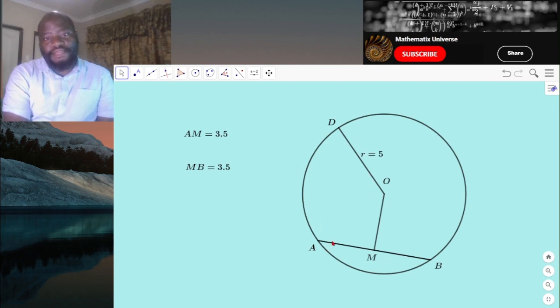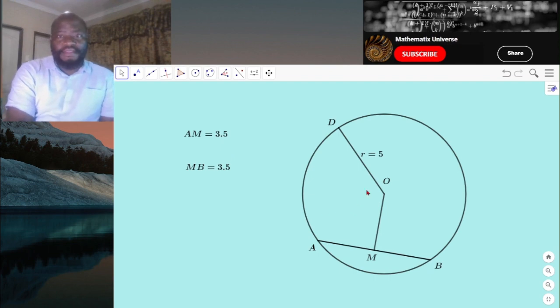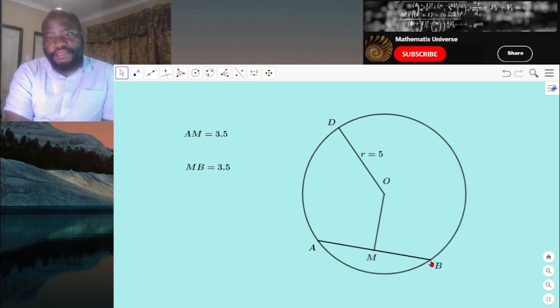You'll see that when I make AB the diameter, these two will add up to give us 2 times the radius. Anyway, the theorem was saying that a line from the center to the midpoint of the chord. As you can see, AM and BM have the values 3,5 and 3,5. So this is dynamic. If I change this, they will change as well.